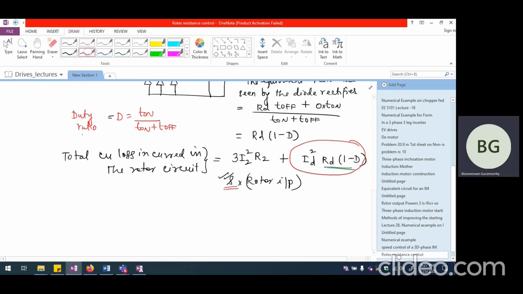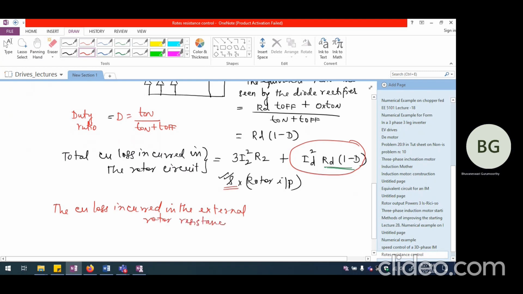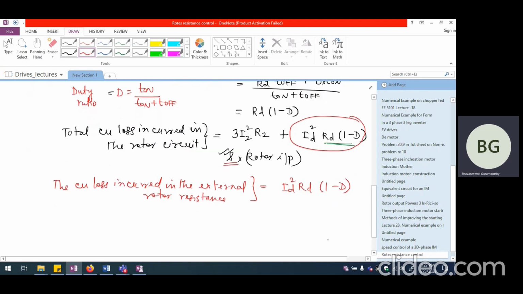So, if we say the copper loss incurred in the external rotor resistance, that is equal to ID square RD multiplied by 1 minus T. This is going to be the copper loss incurred in the external rotor resistance.